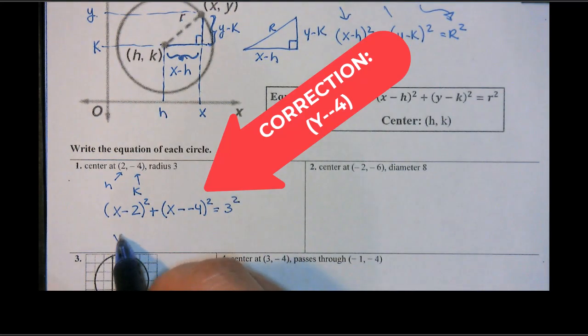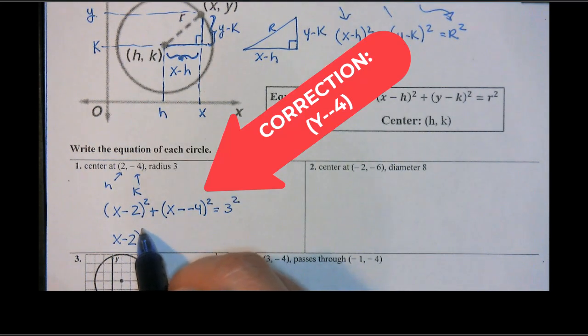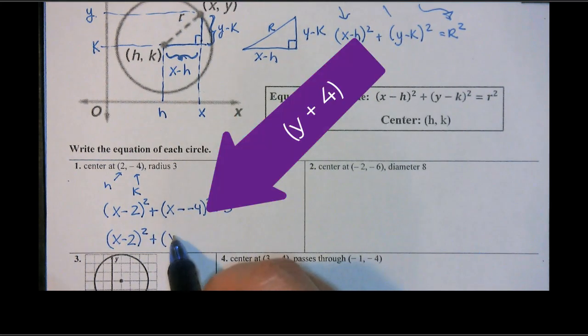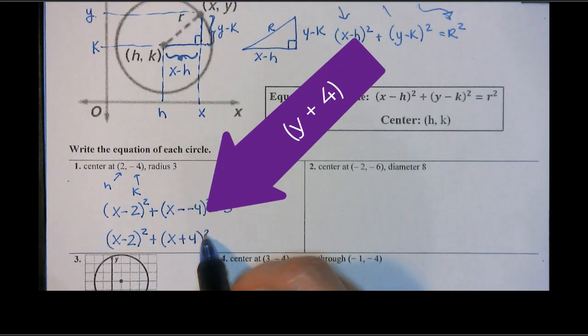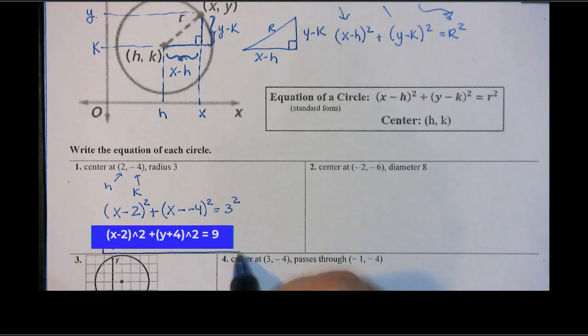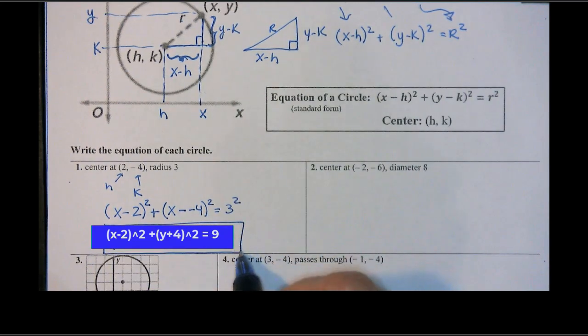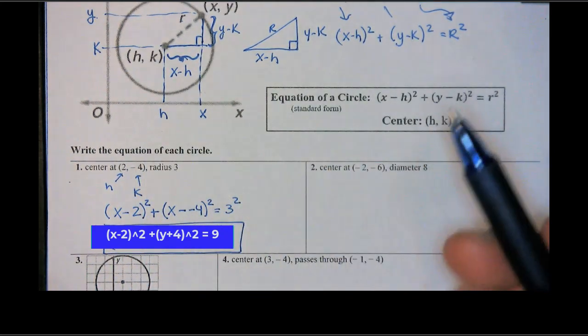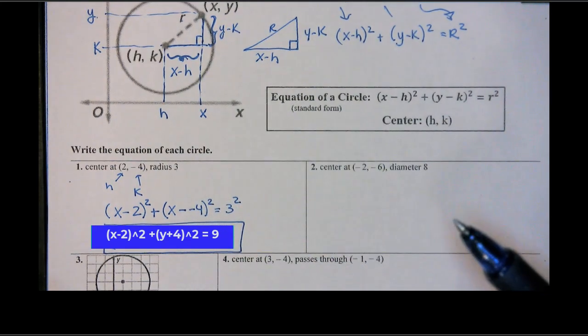The final answer would be x minus 2 squared plus y plus 4 squared, since two negatives become a positive, and 3 squared becomes 9. This is the equation of the circle with center at (2, -4) and radius 3.